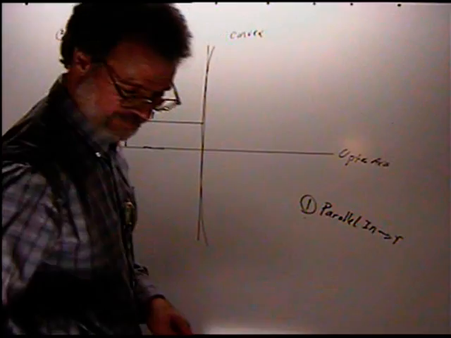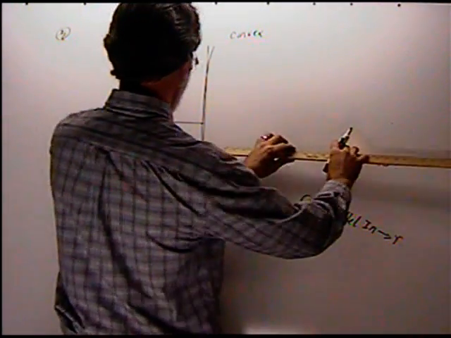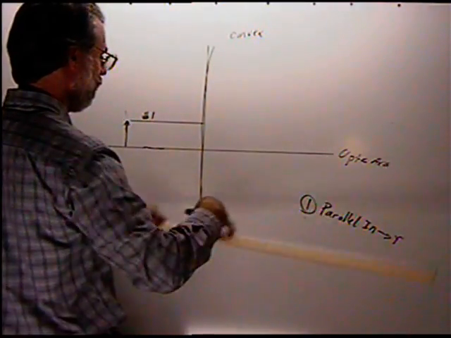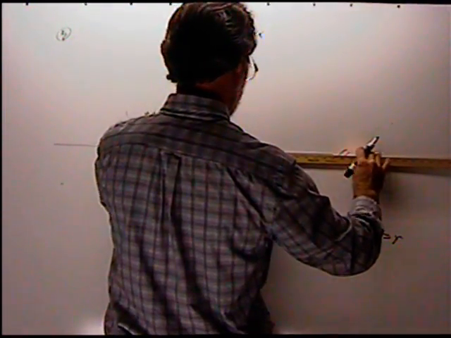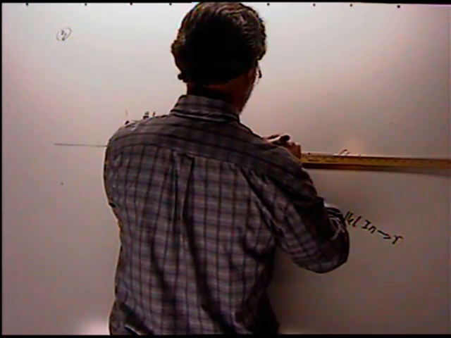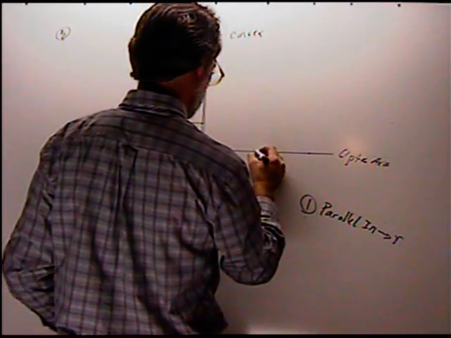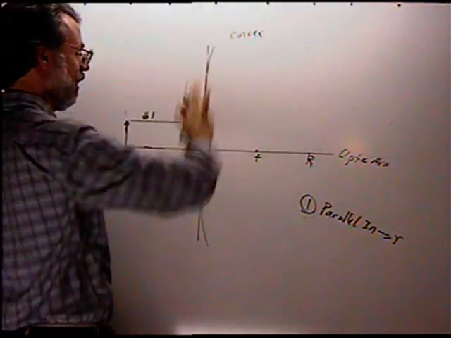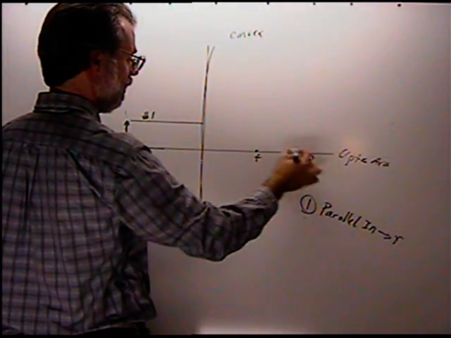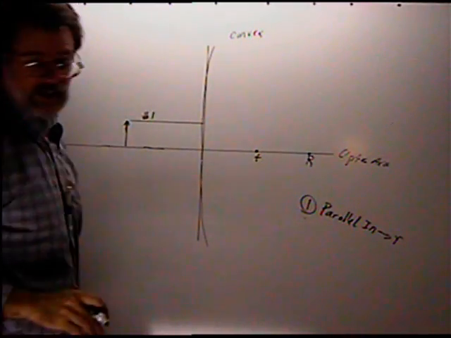The mirror curves this way, so the radius is over here. The radius is on this side. My apologies. I'm not thinking. Here's the focal point, and here's the radius. It curves this way, so the radius is on the right side, the focal point's on the right side, but the object's on the left side.